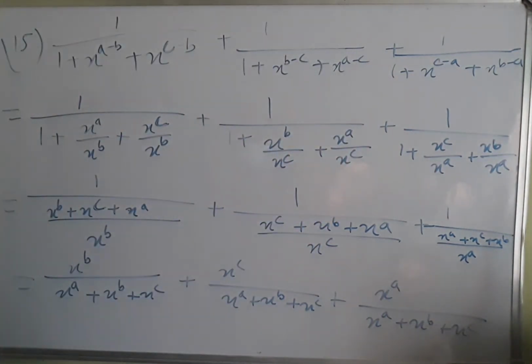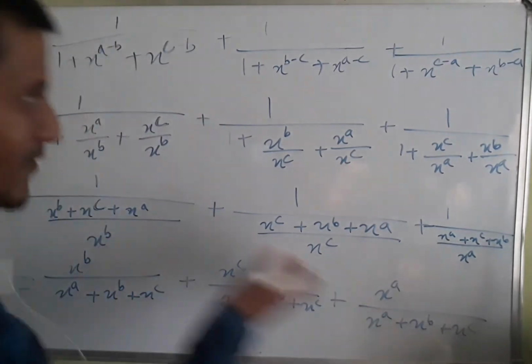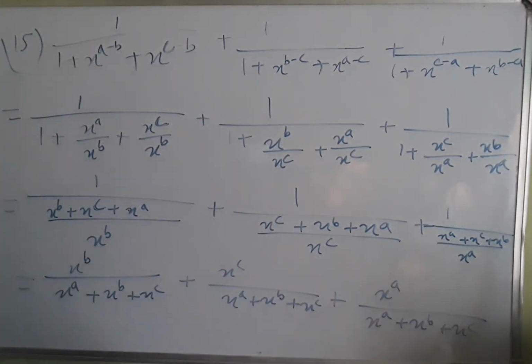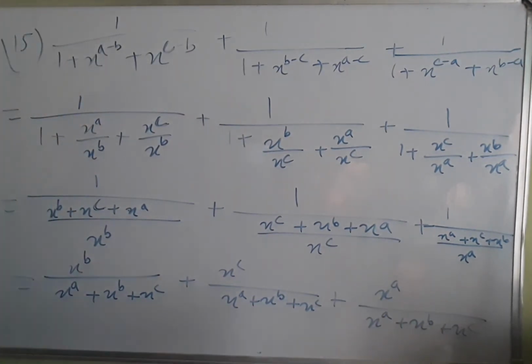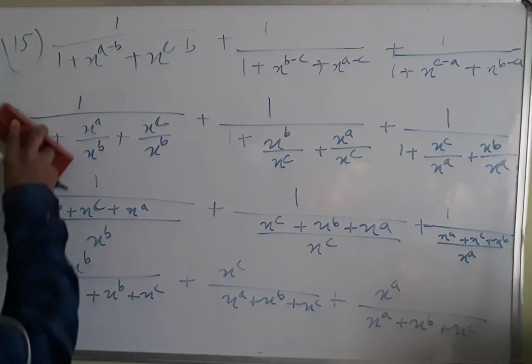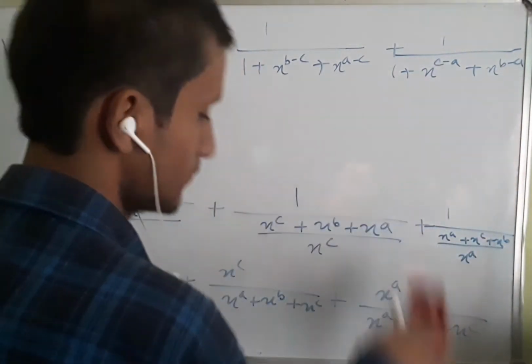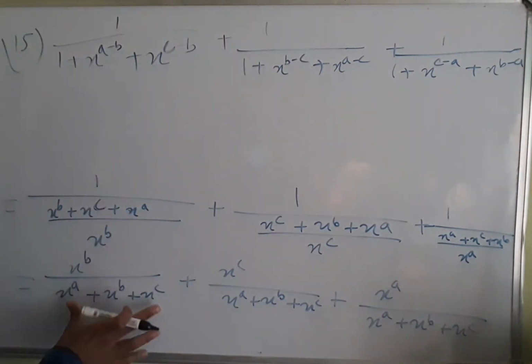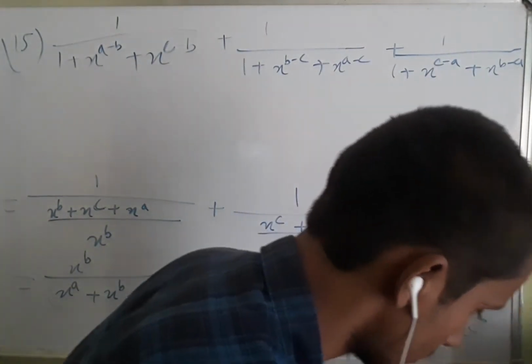Now, the next step, I think most of you have got the hint over there. You can do it on your own, because after this step, this is almost solved. So I'm gonna wrap this up, and we have this thing. Let me use another marker.